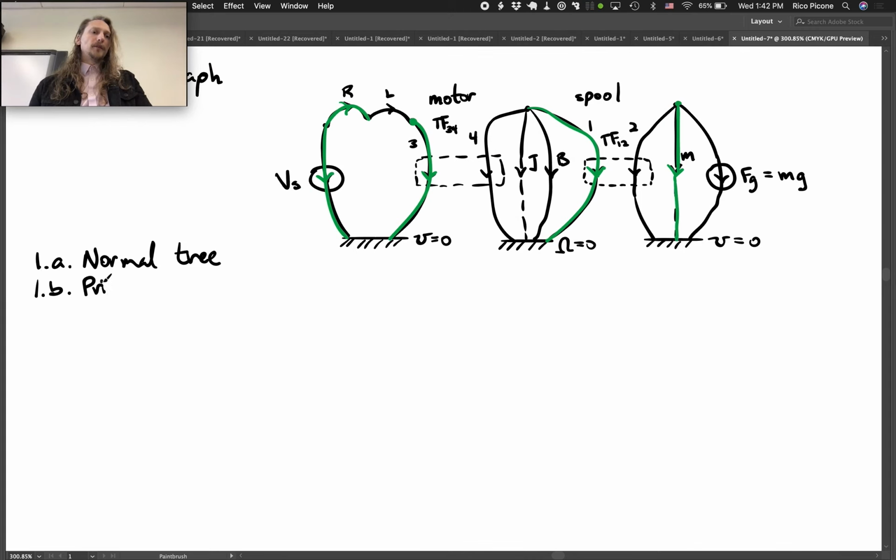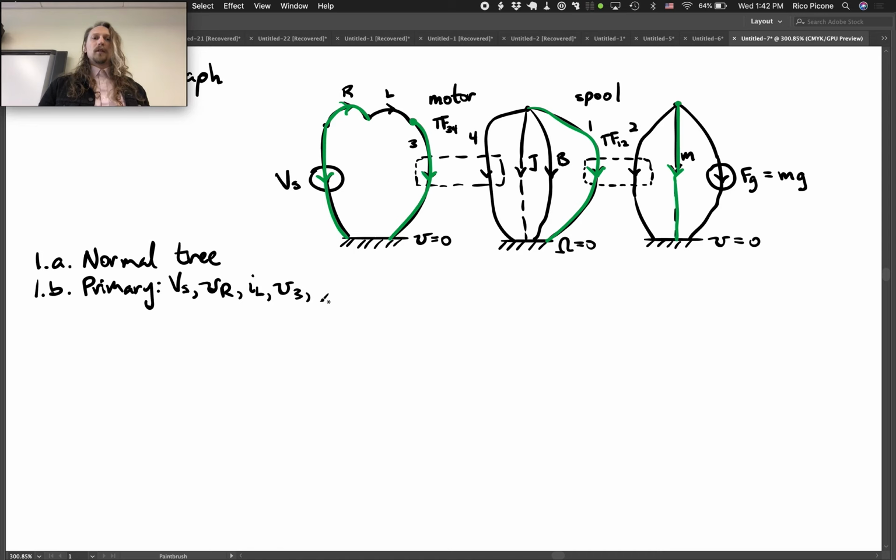Primary variables. I'm just going to go along this thing in order just because this has got a lot of variables. So the primary variables are VS, VR, IL, V3.